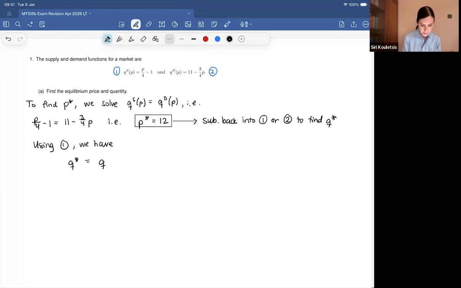So Q star is Qs of P star, and so we see here that the equilibrium quantity is 2. In other words, if we sketch the graphs for the supply and demand equations, then this is the intersection point. Q star is 2 and P star is 12.